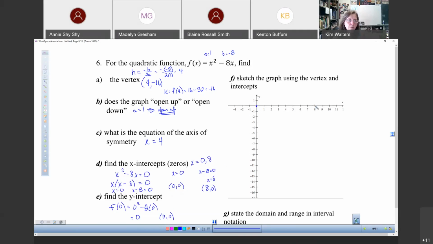So 0, 0, 8, 0, and 4, negative 16, way down here, okay? And, okay, so it's kind of a funky looking graph, but we got this. Okay, and so now I'm going to sketch my graph coming down.